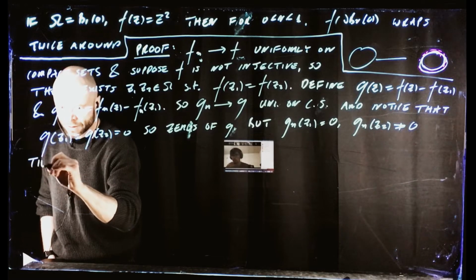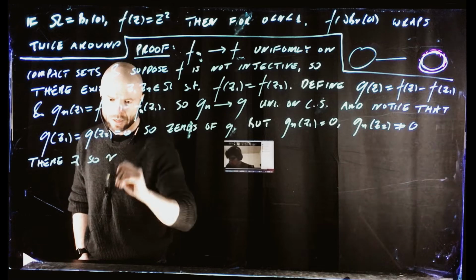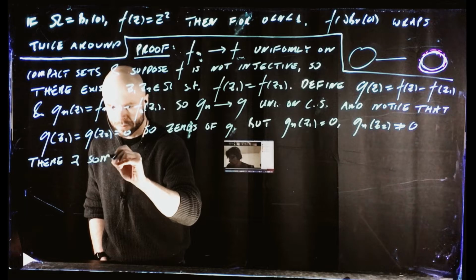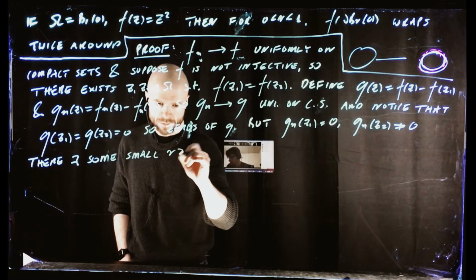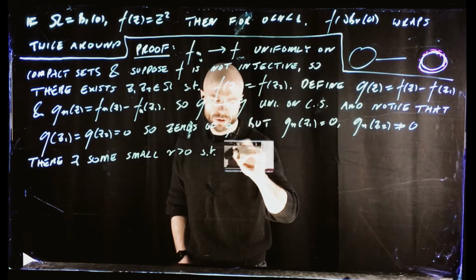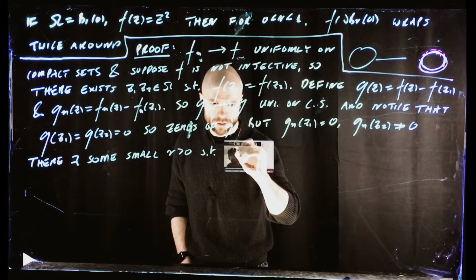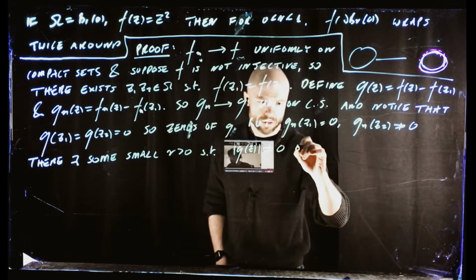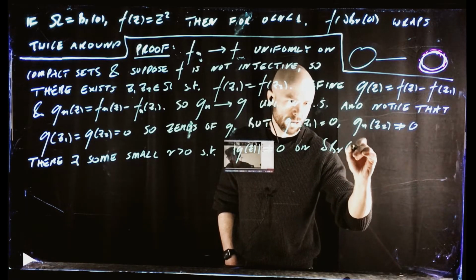Now, there exists some potentially quite small r such that g of z is not equal to 0 on the boundary of the ball of radius r around z2.